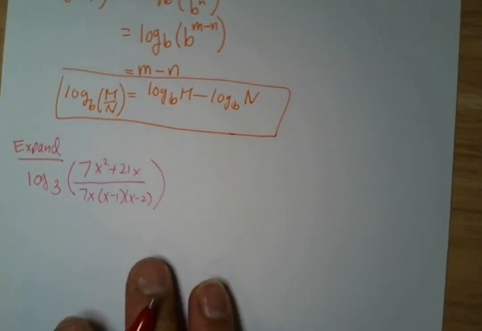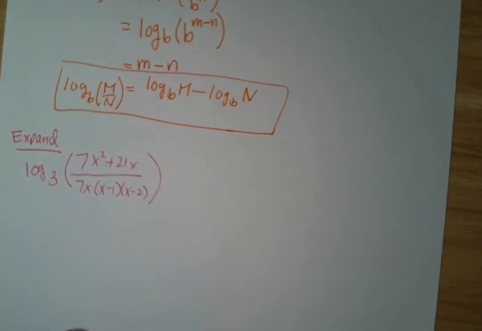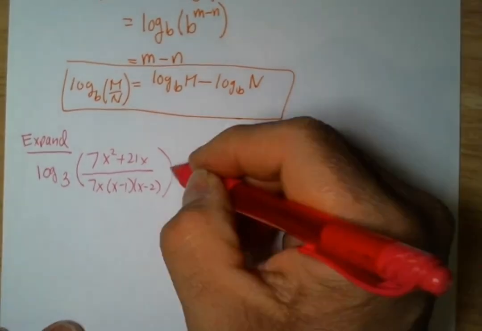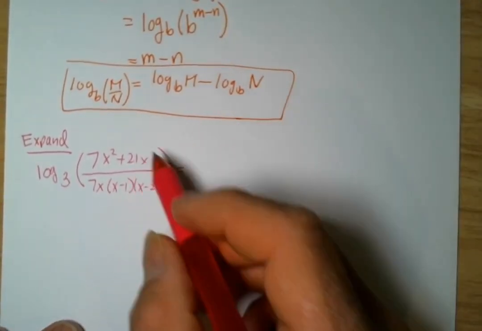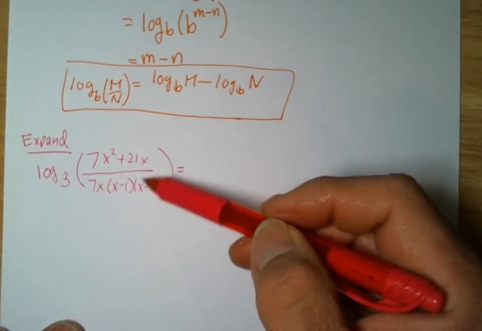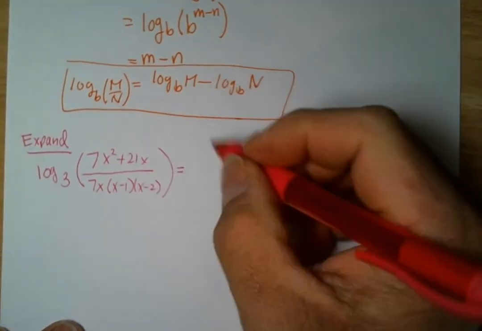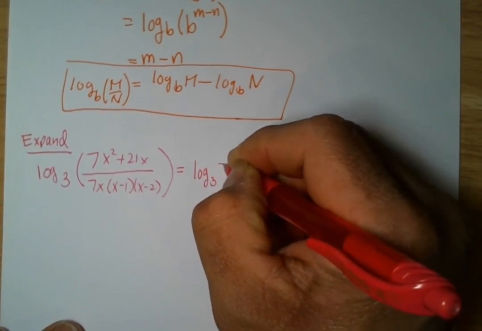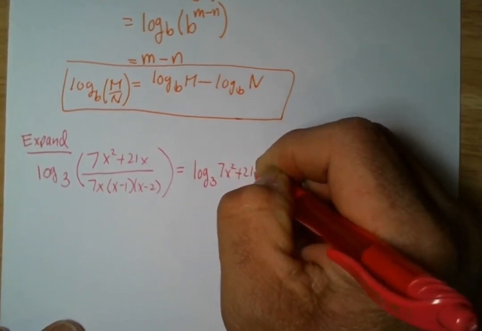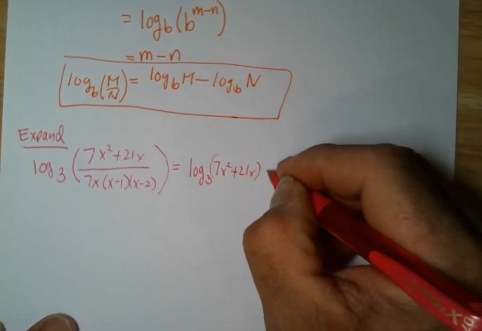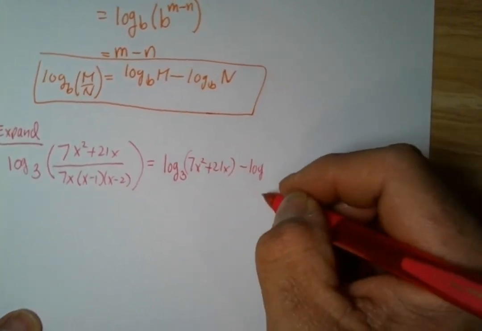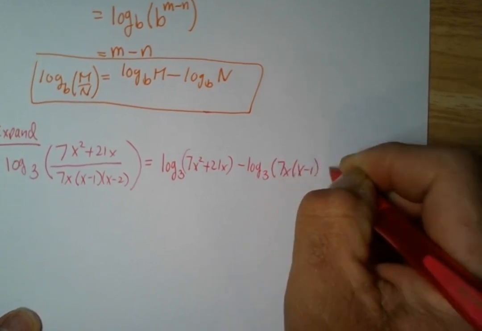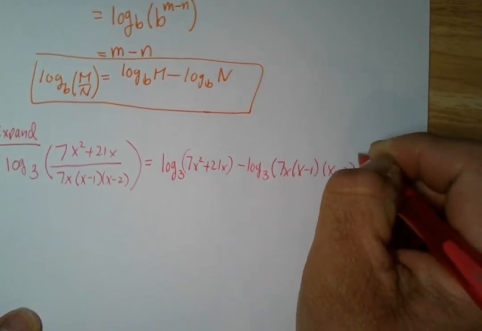Okay, so we have something like this and we want to expand. So not only do we have quotients, we have products here as well. So we want to be careful here as we expand. So let's start first with just the big quotient here, numerator minus denominator. So this will be log base 3 of 7x squared plus 21x minus log base 3 of 7x, x minus 1, x minus 2.